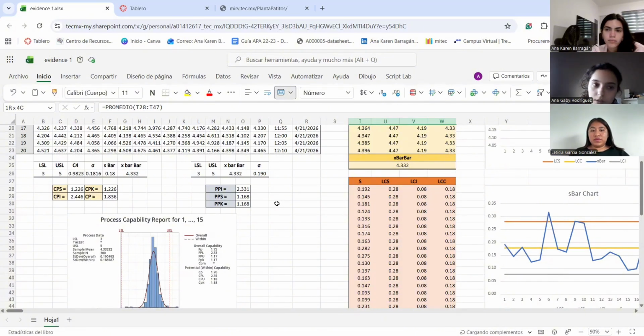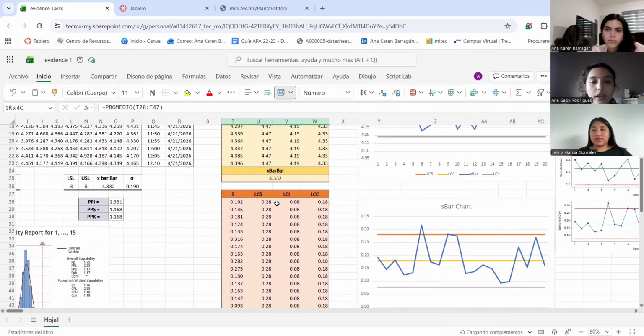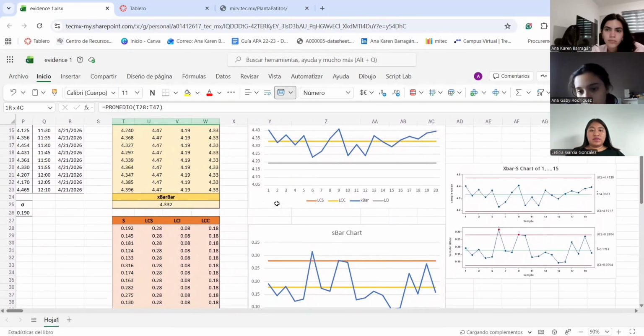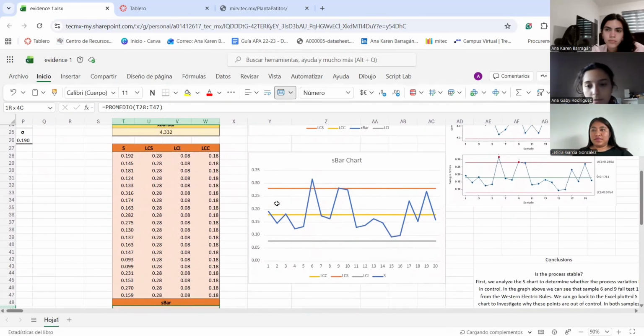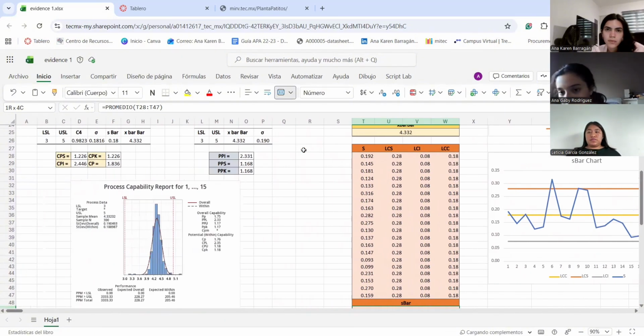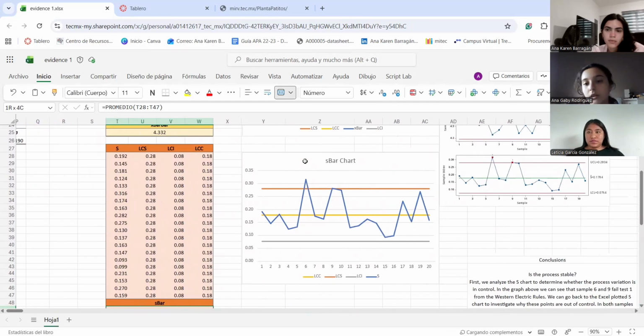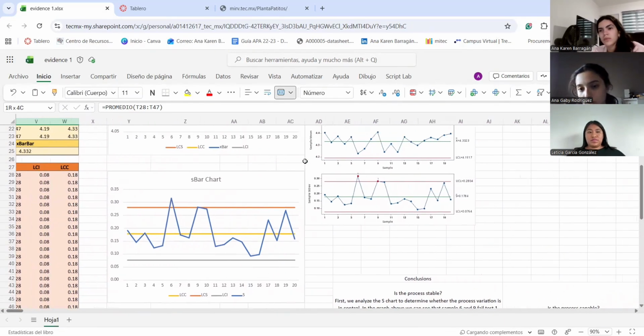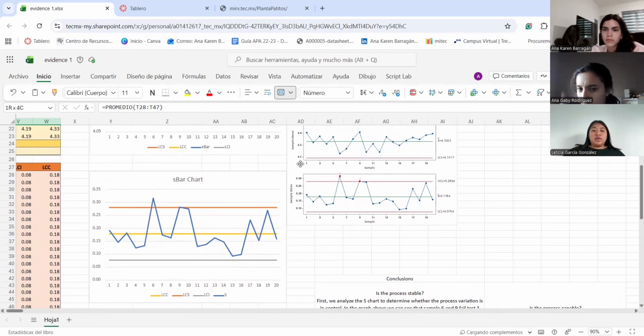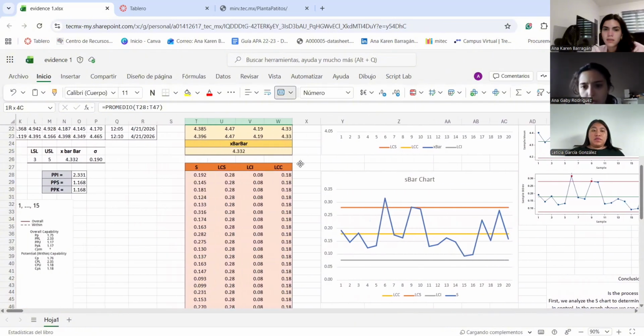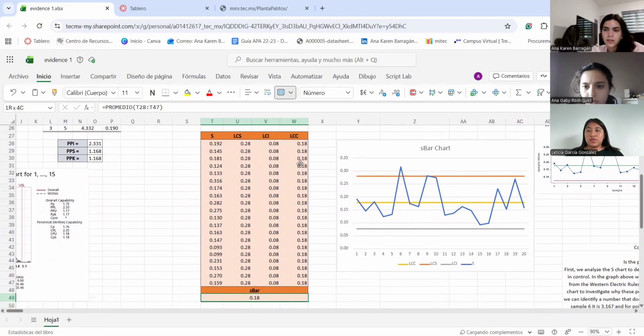So if the X bar is in control but the S chart is not in control, that means that for it to be in control, both of these charts have to be in control. So the process is statistically unstable due to the variability of the standard deviation between groups or within groups. Which was it?